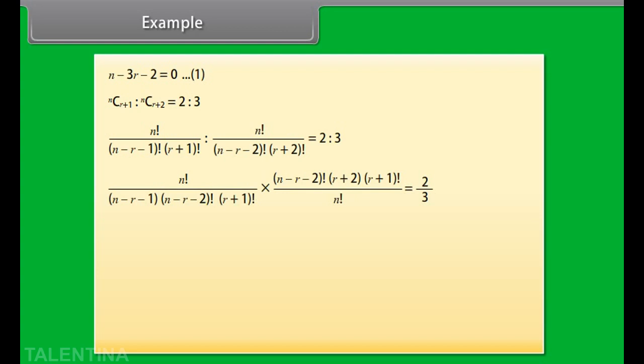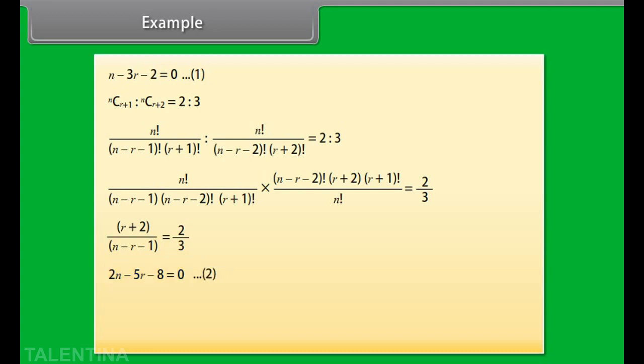This simplifies to (r plus 2) by (n minus r minus 1) is equal to 2 by 3. 2n minus 5r minus 8 is equal to 0.